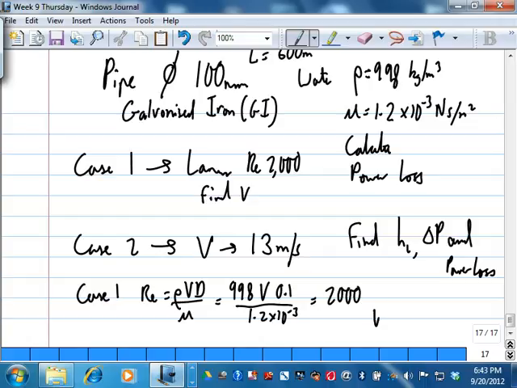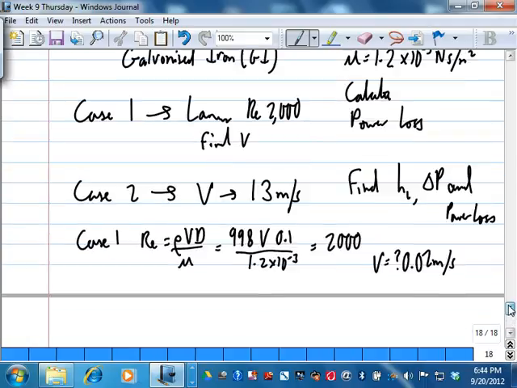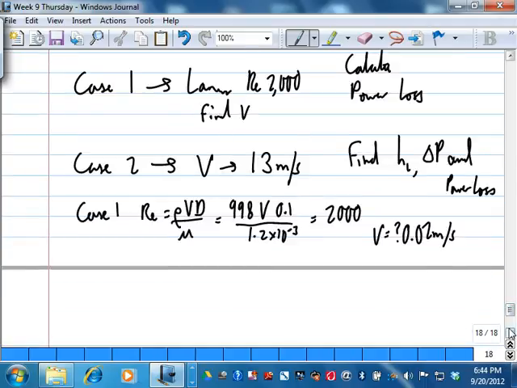What is the velocity? 0.02 meters per second. So for such a big pipe, to keep it laminar flow, the velocity is very low. Very dripping away, like a snail.